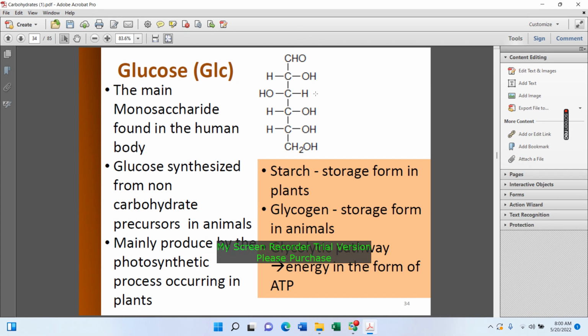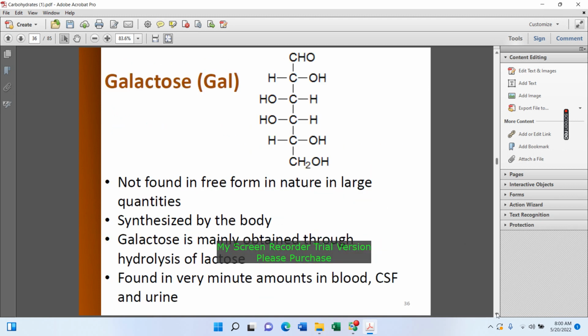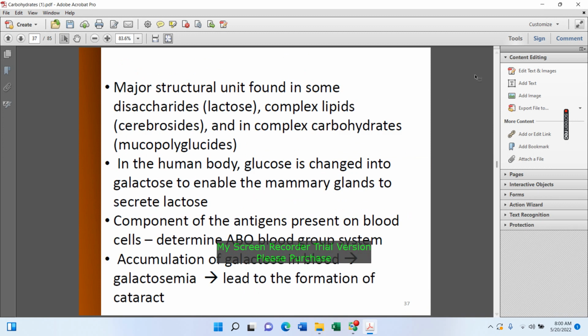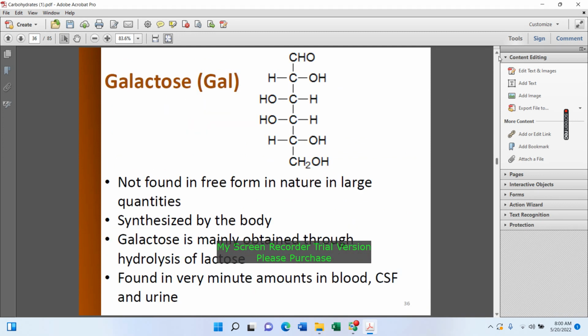I do believe it's a portion of these hydroxyl groups that differs, because you can see two of them in the middle, two of them on this side, right? So this is galactose.